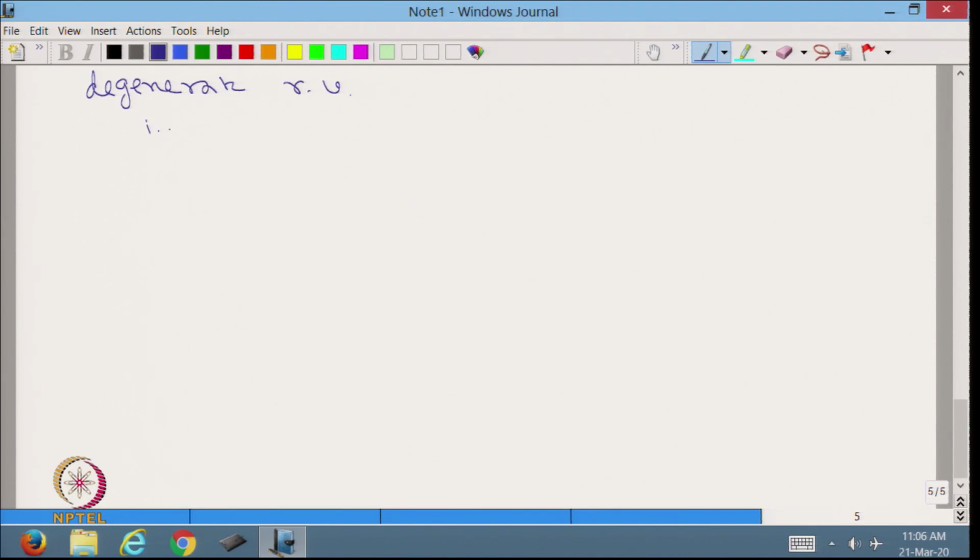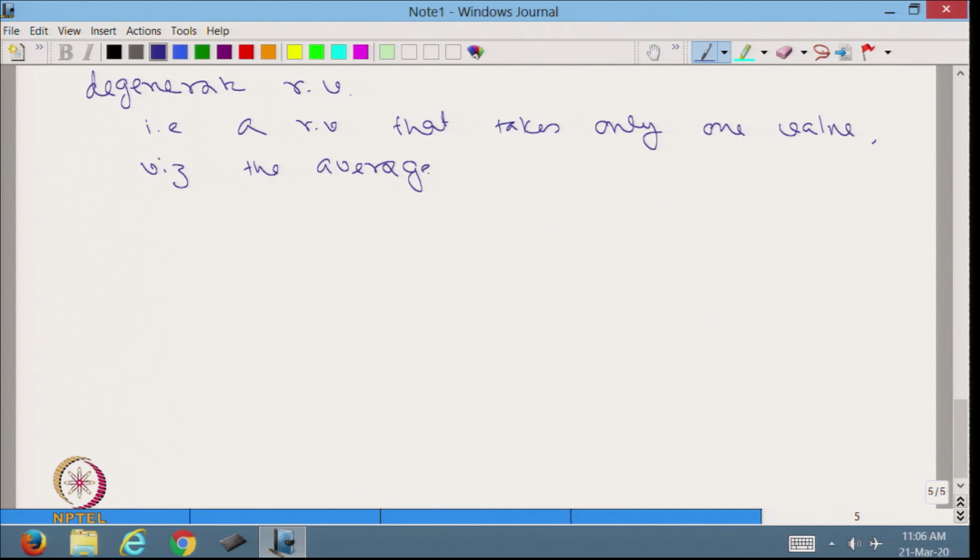That is a random variable that takes only one value, namely the average of the means, with probability 1.